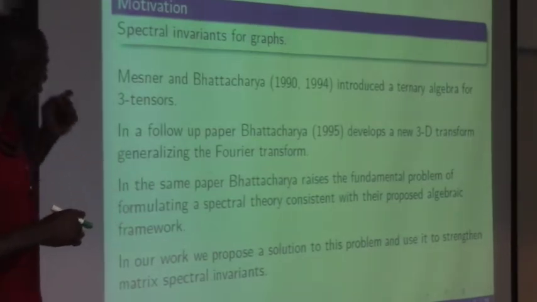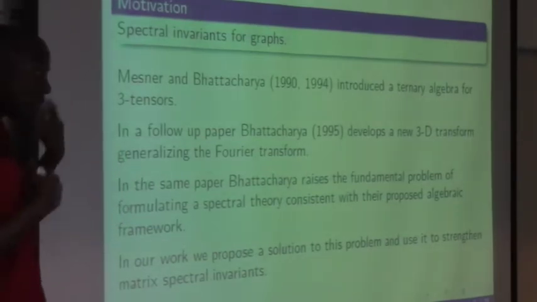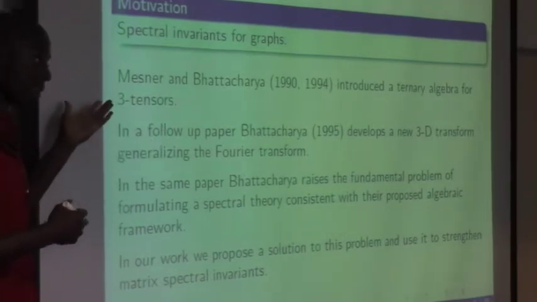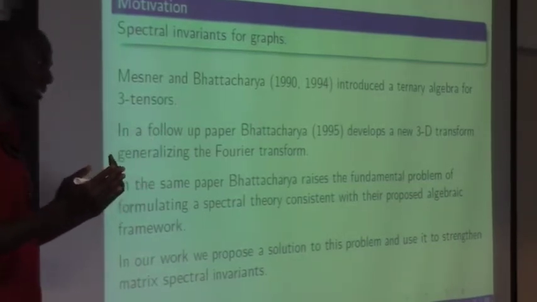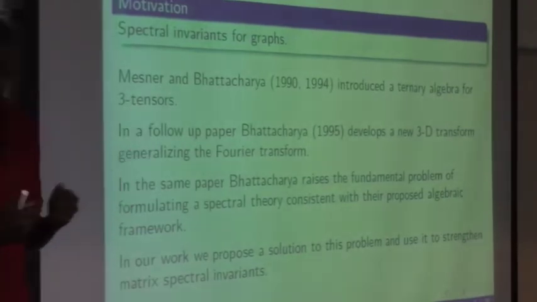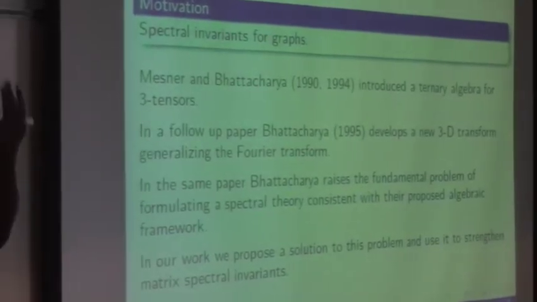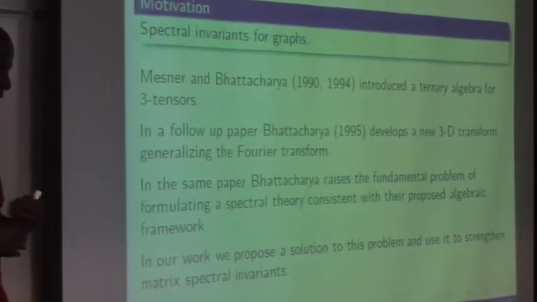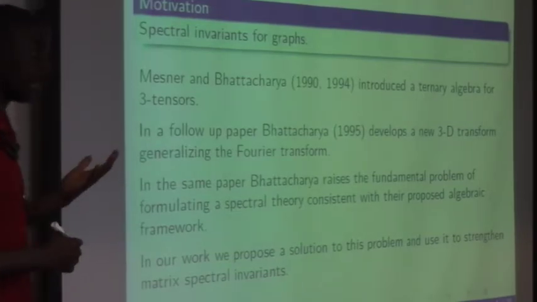And when they did that, they introduced a new generalization of linear algebra. So you want to multiply matrices, and their algebra told you how to do that. What they suggest is how to multiply tensors. All right? So we wanted to build on that somehow.